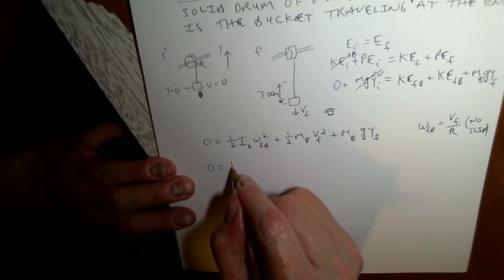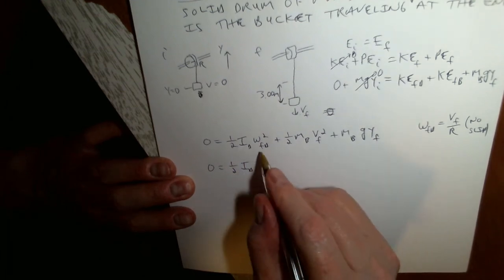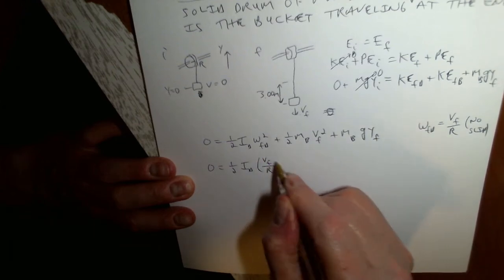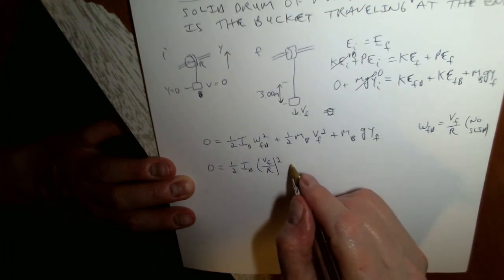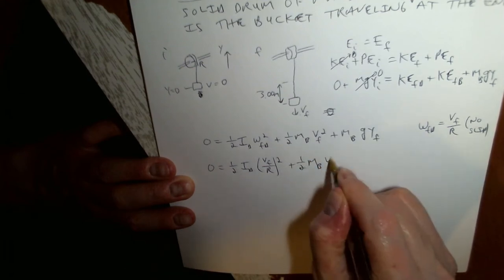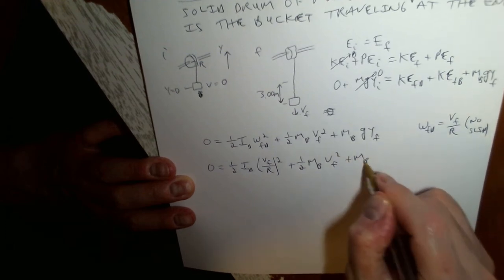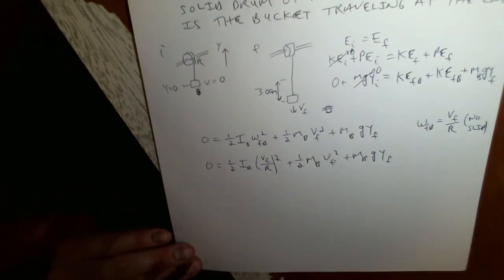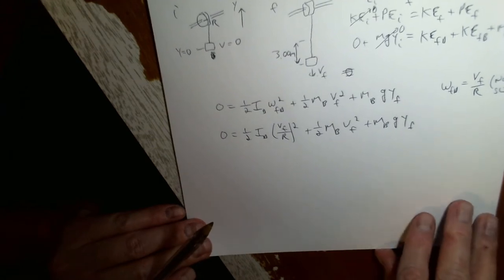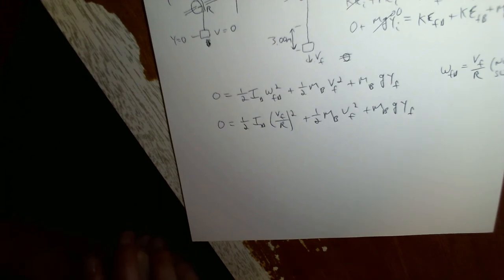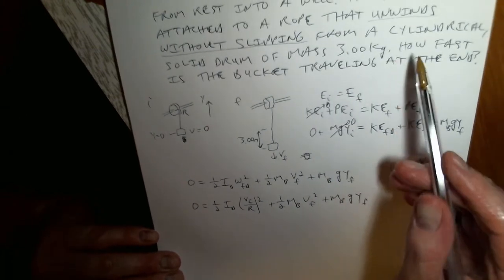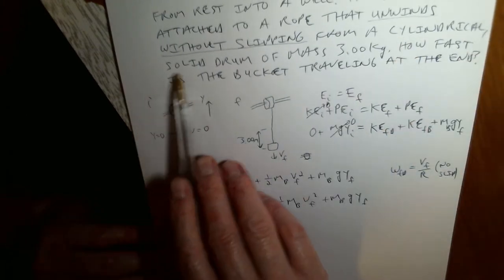Okay, so I can put in 1/2 I drum times omega final of the drum, which is going to be V final of the bucket divided by radius of the drum, and all of that is squared. Plus 1/2 M bucket V final squared plus M bucket G Y final. And I have this moment of inertia of the drum. So what I would do on the test is I would look at the formula sheet and find the moment of inertia for a solid cylinder, because this is a cylindrical drum that is solid.